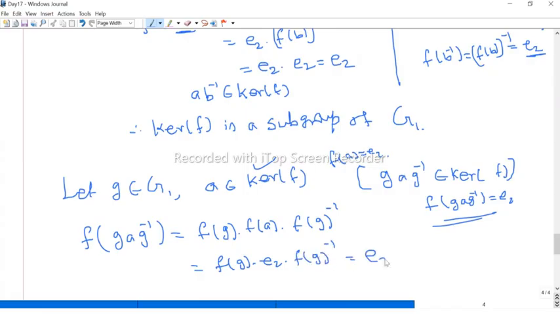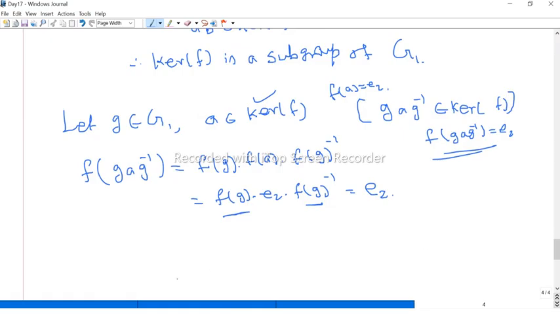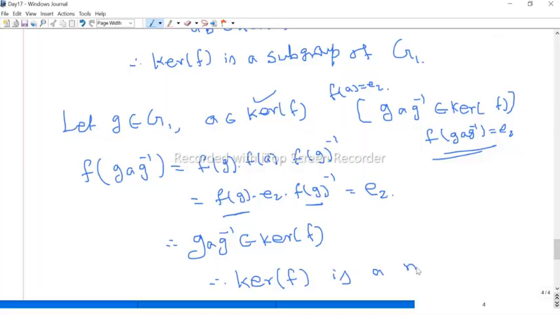We can cancel everything and get the identity element E2, because f of g and f of g inverse multiply to the identity. So g a g inverse maps to identity, therefore g a g inverse belongs to the kernel. Therefore the kernel of f is a normal subgroup of the domain G1. It's a very important subgroup.